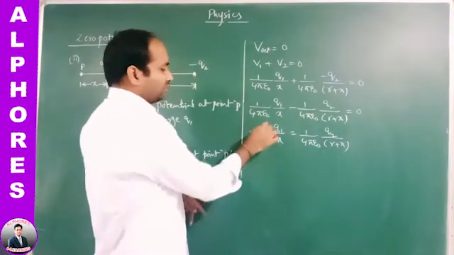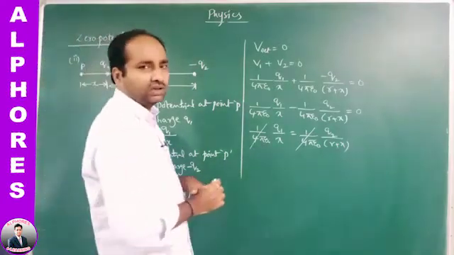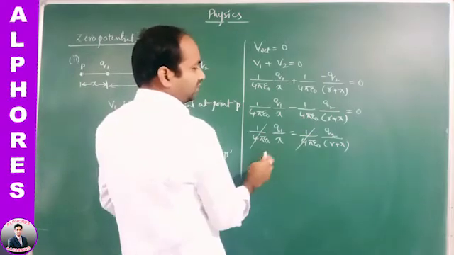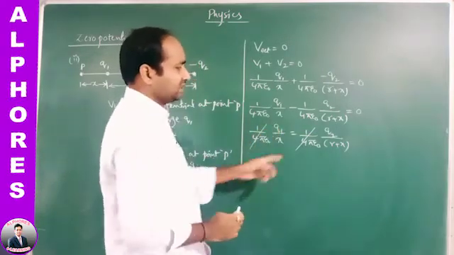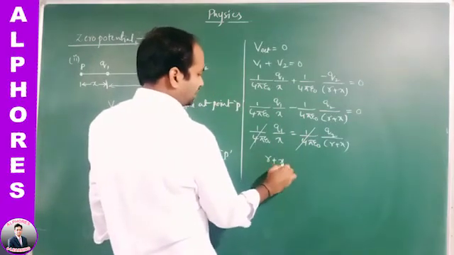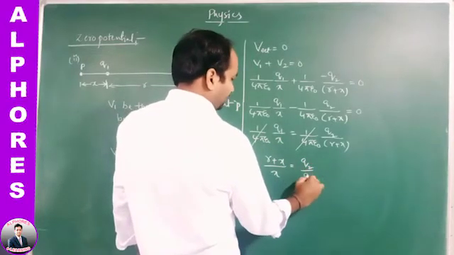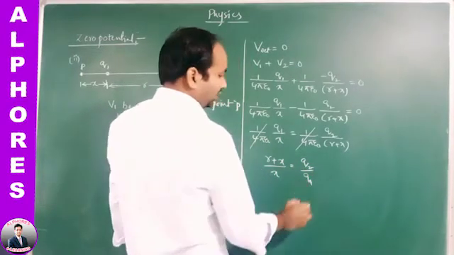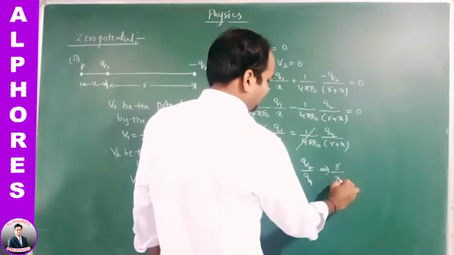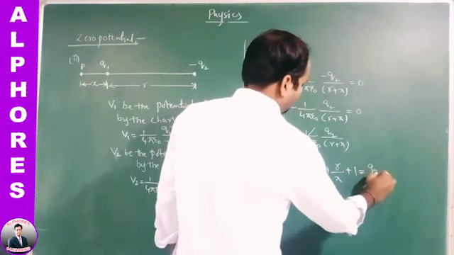Now on both sides 1 by 4 pi epsilon naught gets cancelled. Now interchange these two terms: q1 by x and q2 by r plus x. Then r plus x by x is equal to q2 by q1. That implies r by x plus x by x, which is 1, is equal to q2 by q1.